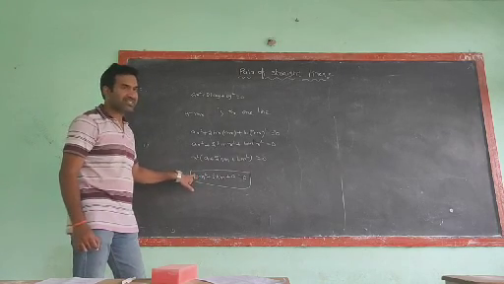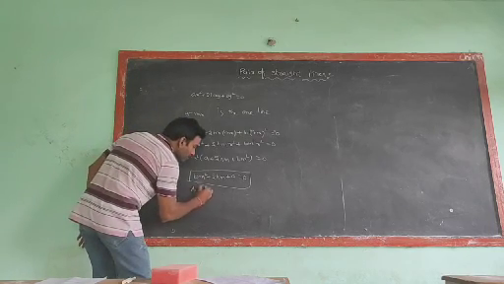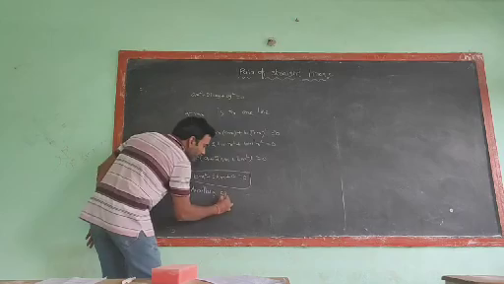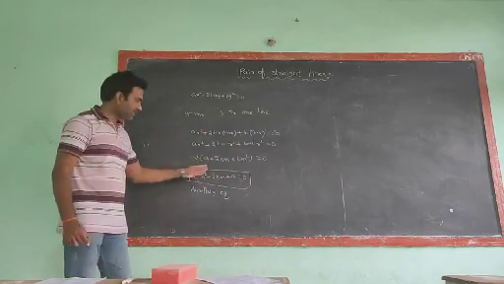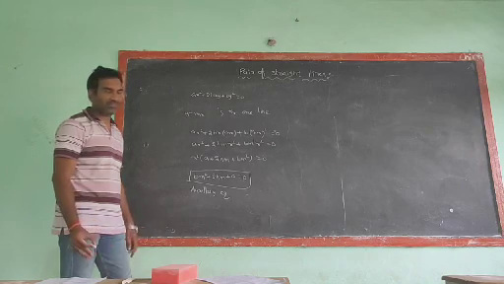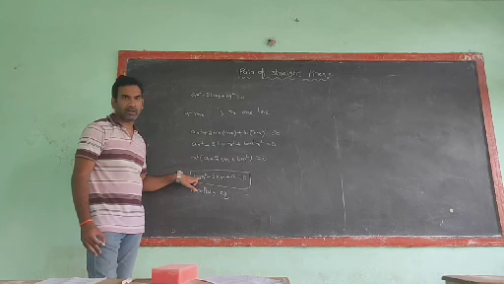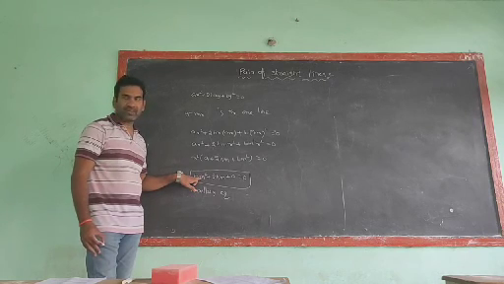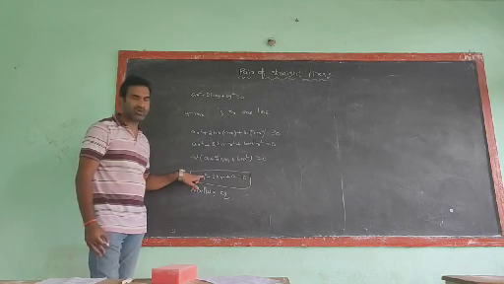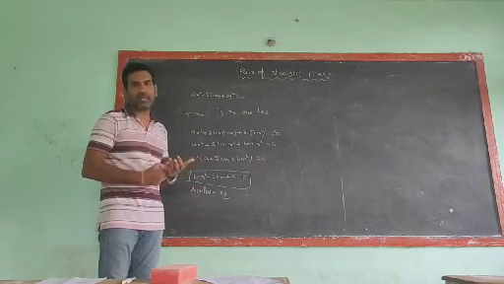This equation is called the auxiliary equation. From this concept also you can easily find the sum of the slopes and the product of the slopes. Here we have m square. A quadratic equation in terms of m means you are getting two roots. What are the two roots? One is m1 and another one is m2.